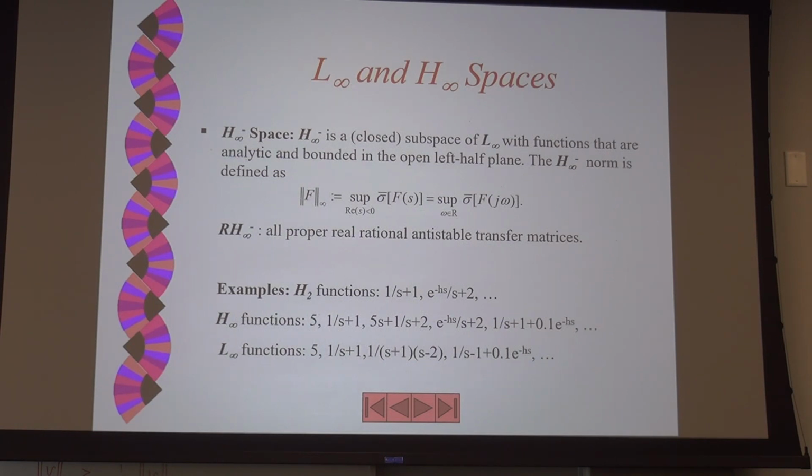So there is also a concept regarding anti-stable when you have all proper, real, rational, anti-stable transfer functions. So RH versus RH minus. So I told you last time, whenever you want to have an anti-stable transfer function, then you just replace s with minus s.